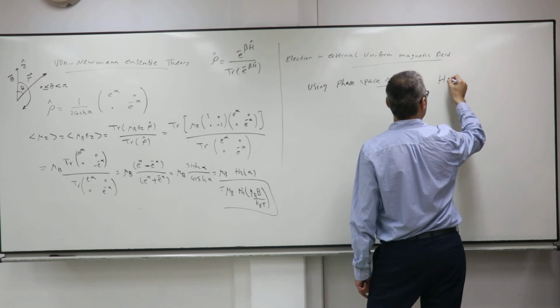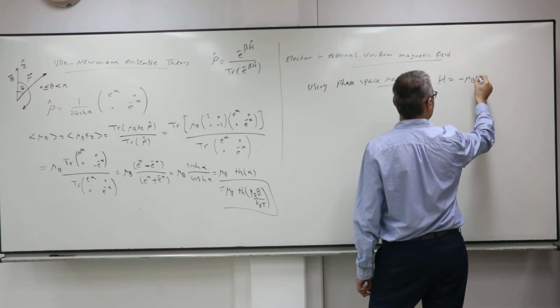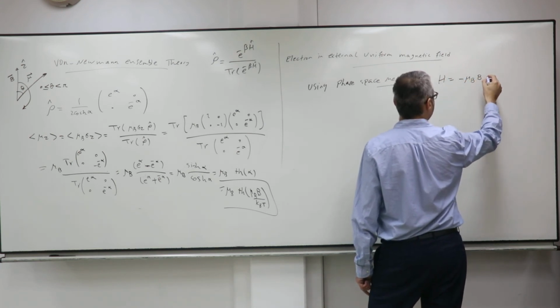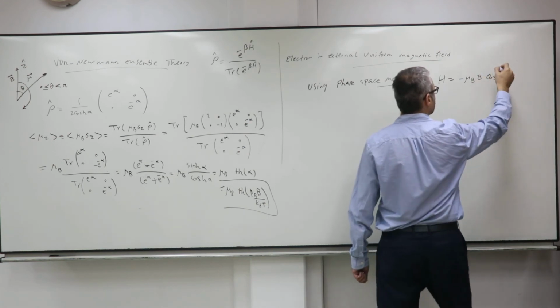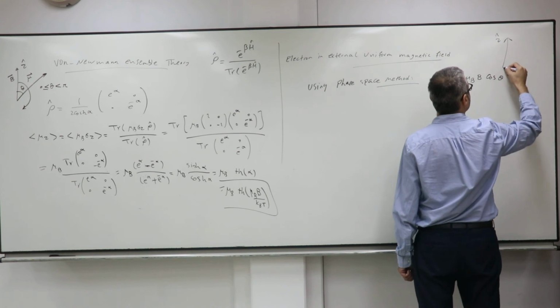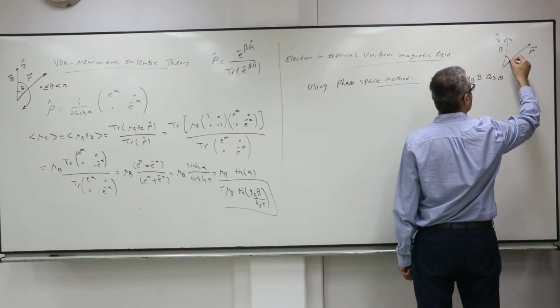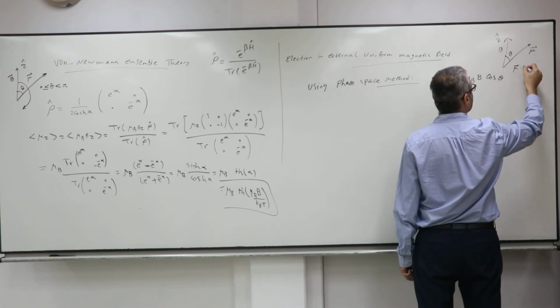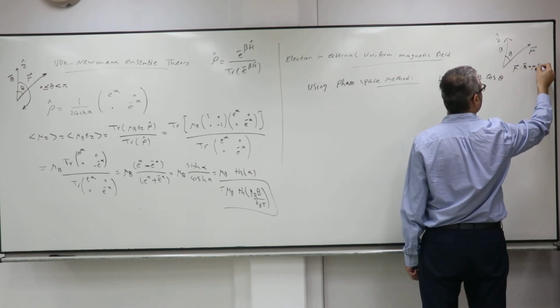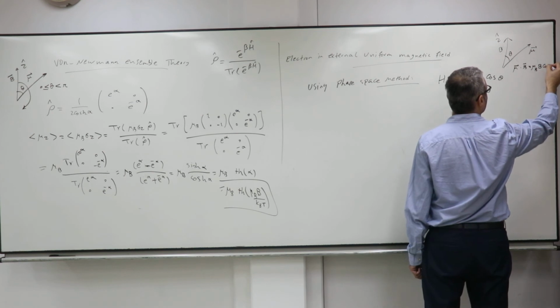What you need is you again write the Hamiltonian, so the Hamiltonian will be the same. Instead of that, we needed to use the classical method. So mu dot b is just mu b cosinus theta.